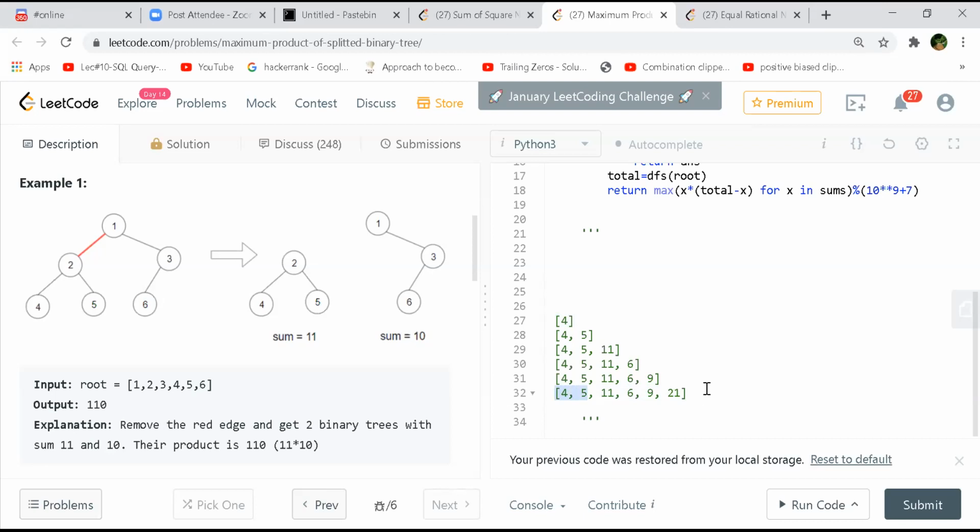That's like a pre-sum kind of arrangement, exactly, because we are breaking at some point. Yeah, it's like a pre-sum only, you can say. But if you can construct a pre-sum, a binary indexed tree, then we can do range queries, right? But again you have to construct a tree, with extra space.